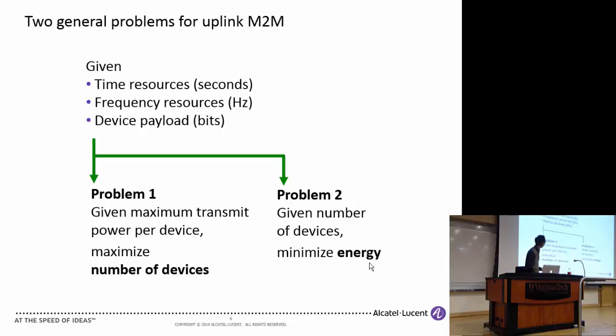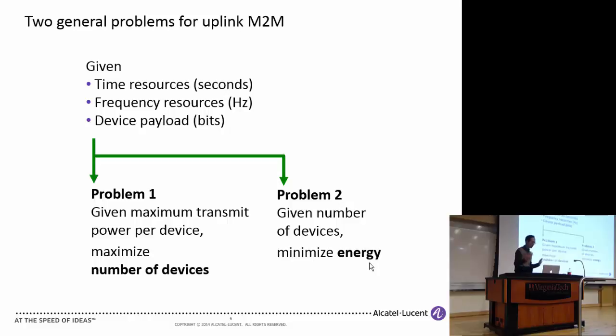The second problem is an energy problem. So now it's sort of the dual of this. Given a certain number of devices, how can you design the transmission and the protocol in order to minimize the energy required for each device to send its desired payload of bits?